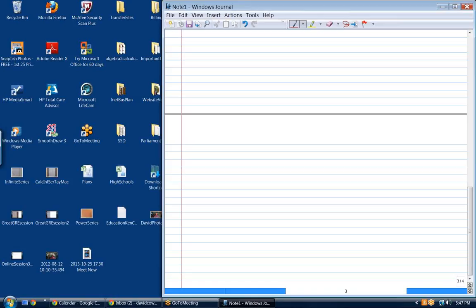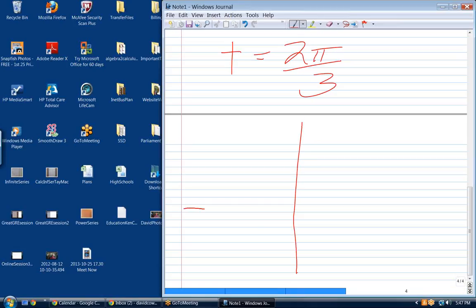So find the reference number and the terminal point. Okay. The first one would be t equals 2 pi over 3. So let me try and solve this one first. t equals 2 pi over 3. You go over the second quadrant.